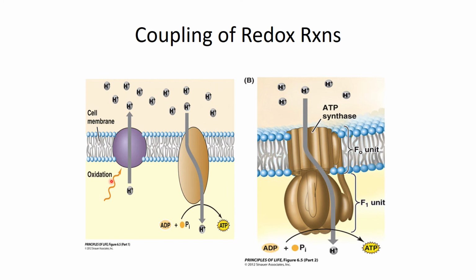Where did the energy come from? Well, remember, when you break down NADH, that's an exergonic reaction. So that energy pushes the hydrogen ion outside, and outside the membrane, the hydrogen ions then find the ATP synthase, which they can just cruise right through and create that ATP.